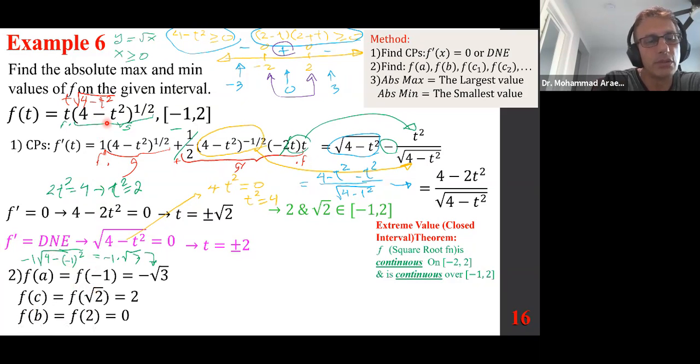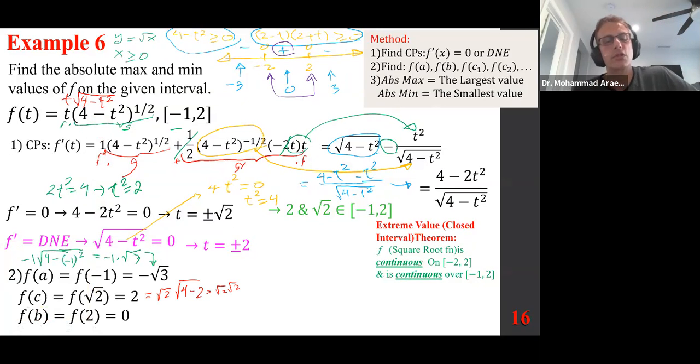Let's see what happens. So I'm going to show you square root of 2. So for square root of 2, we get square root of 2 times square root of 4 minus. Now square root of 2 squared is 2. So you get square root of 2 times square root of 2, which is 2.